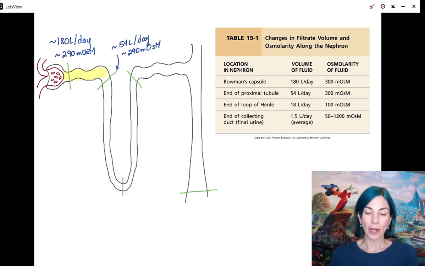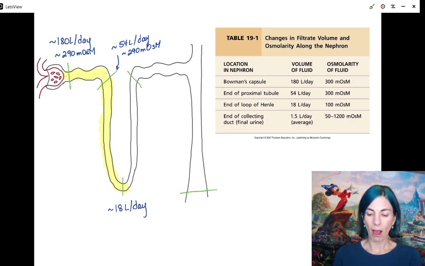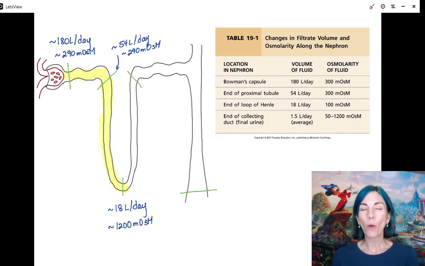So the filtrate, or what's left of it, is now going to move down the descending loop of Henle. By the time it reaches the very bottom, it's around 18 liters per day, with an osmolarity of approximately 1200 milliosmoles. That's way more concentrated than it was when it started the trip down.